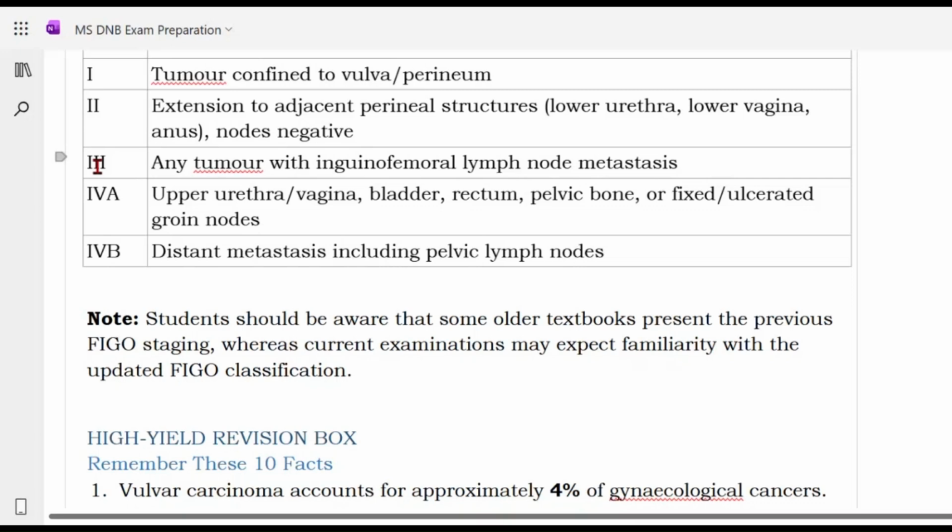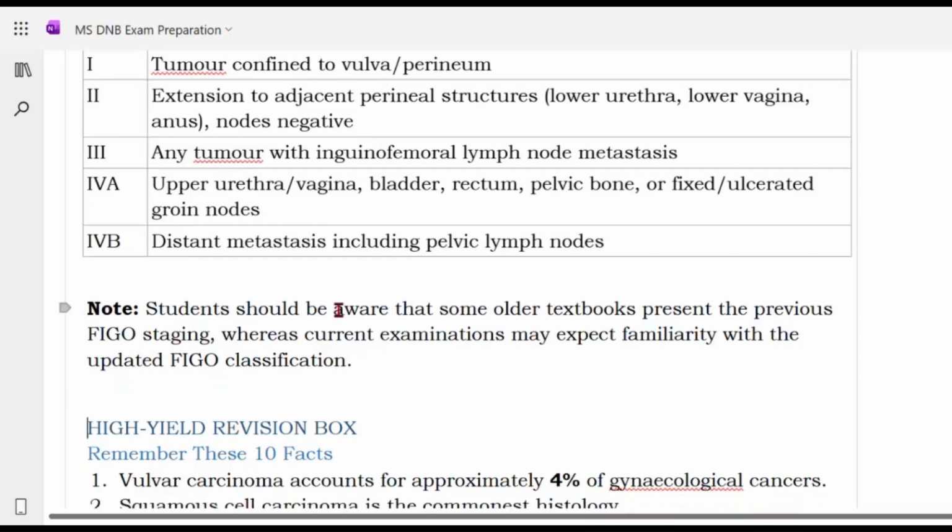Stage 3, where you get the inguinofemoral lymph node mets. This will be divided into A, B, and C. Okay. Then you have stage 4A and 4B. 4A will be upper urethra, vagina, bladder, rectum, etc., or the fixed ulcerated groin nodes, and 4B is a distant mets, including the pelvic lymph nodes. Okay, so this is the classification.